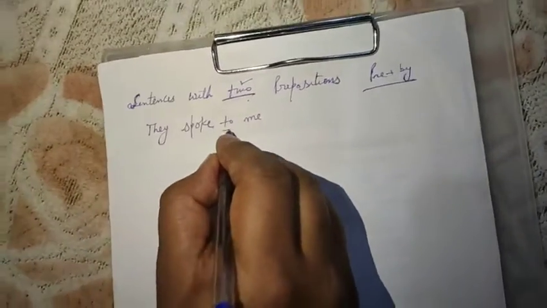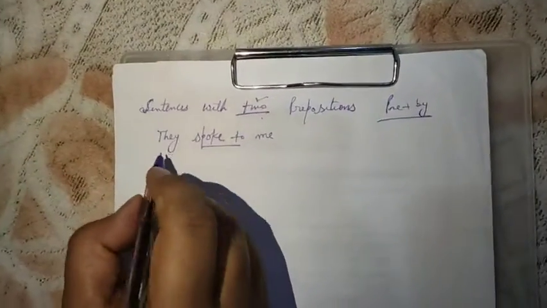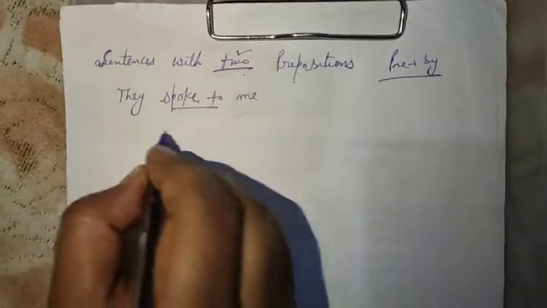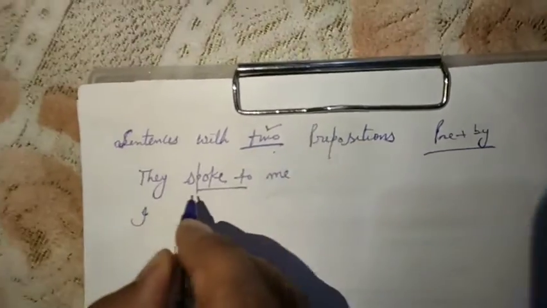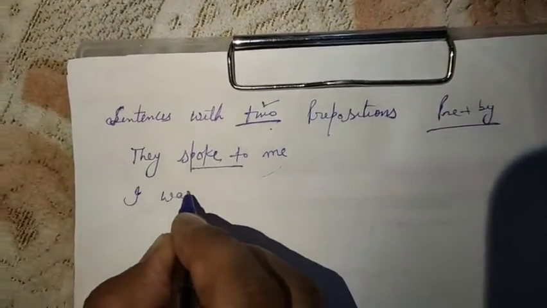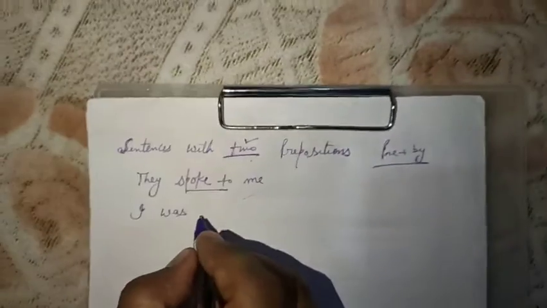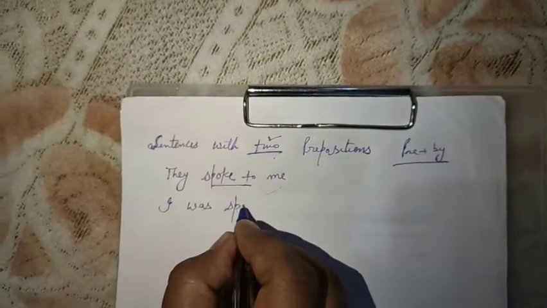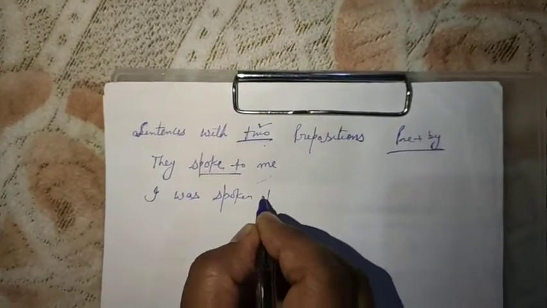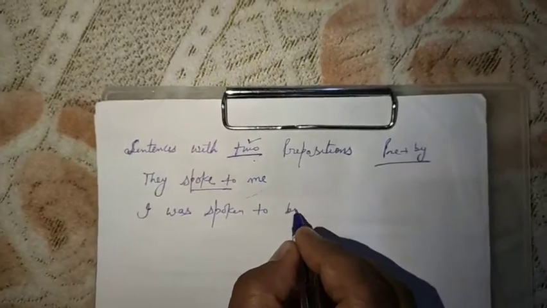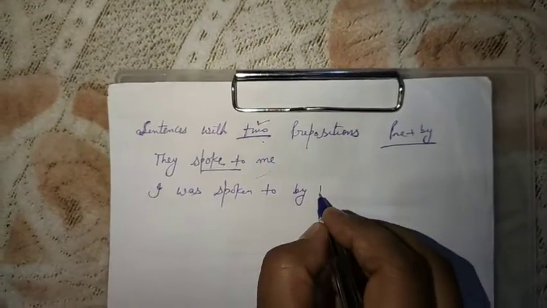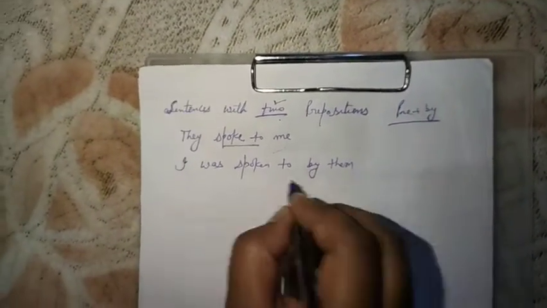In this case, to is already used with the verb spoke. So change the voice like that. Tense past. I was spoken to by them.